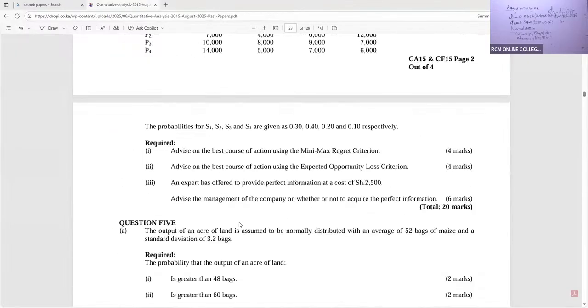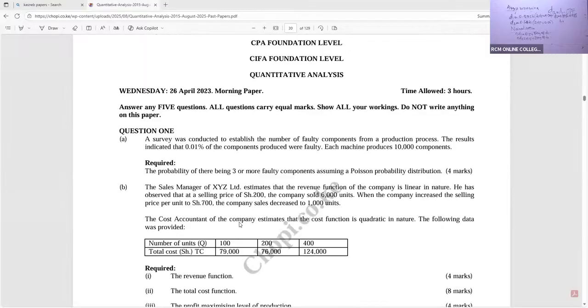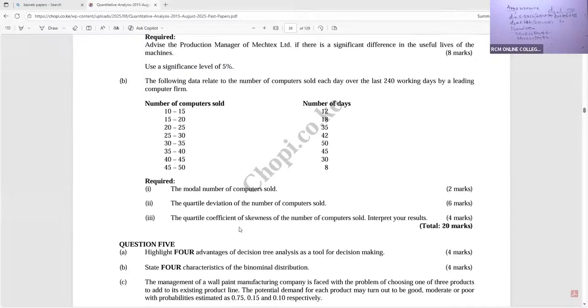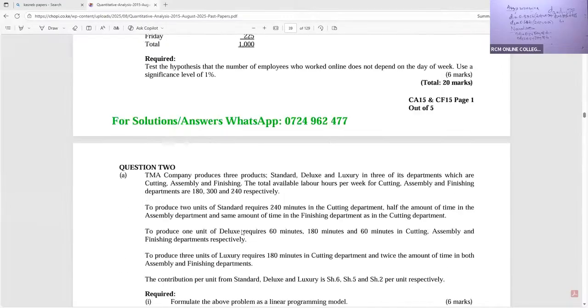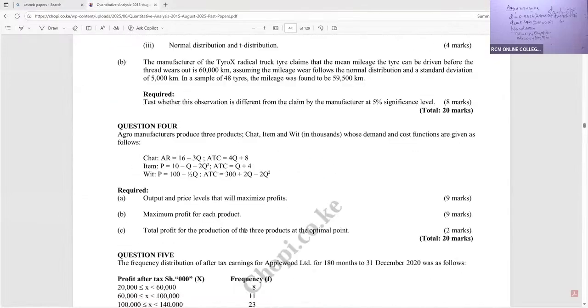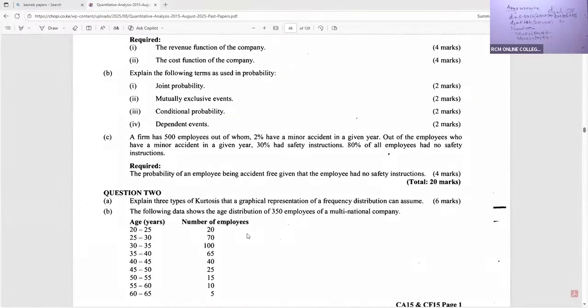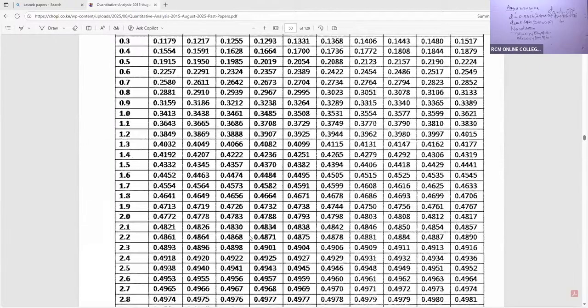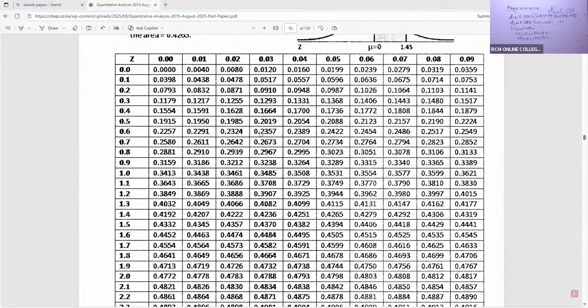Get used to it. If you have a calculator and you know how to use it, the better. But that means buying another type of calculator, which will currently cost about 3,000 shillings.